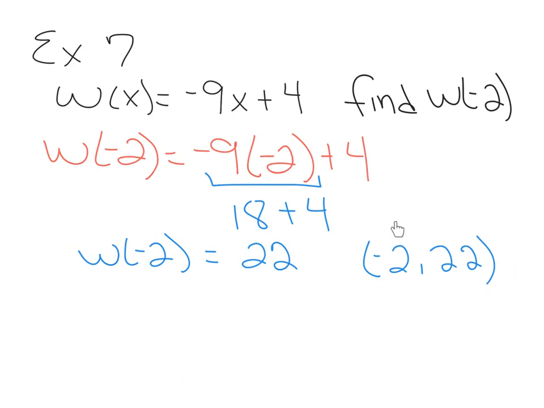This is just showing a little bit of understanding that we're talking about a graph, we're talking about a function, and this point would be on the graph of that function. When x equals negative 2, y equals 22. Or in other words, when I substitute negative 2 for x, it simplifies out to make 22. This ordered pair would be on the graph of that function. In my class, telling me this ordered pair gets you some extra credit.